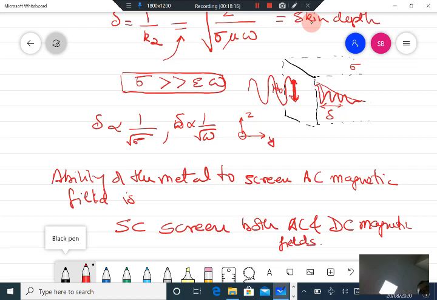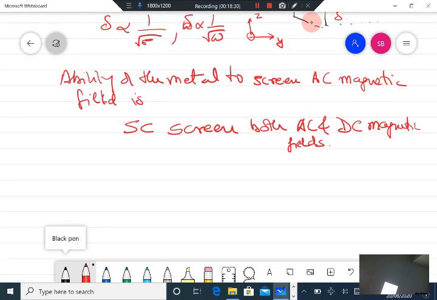And you can see that the screening is associated with a characteristic length scale, which here is the skin depth. When the metal actually screens an AC magnetic field, there is a skin depth which depends on the frequency. So we will look at these length scales which are emerging. We can also look at it for the superconducting case.